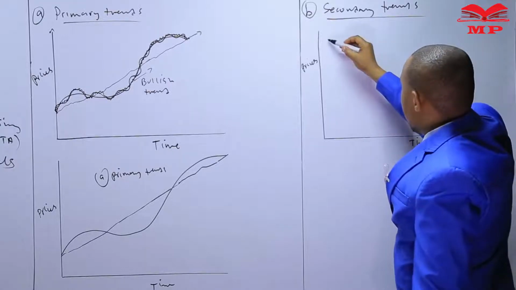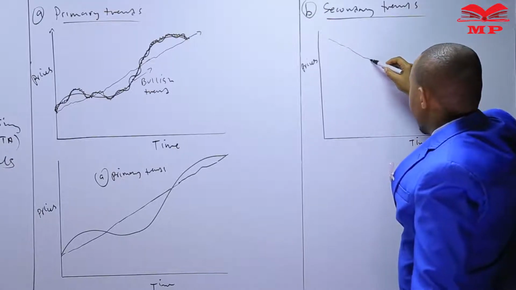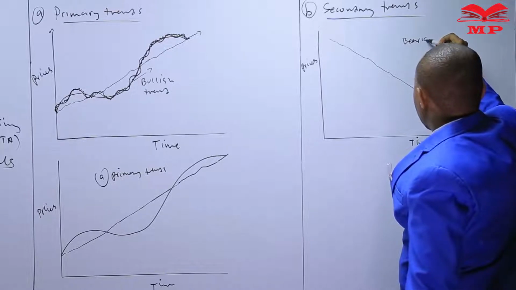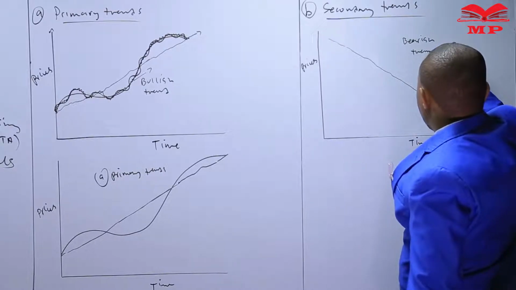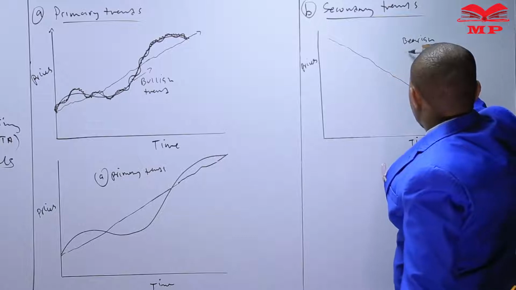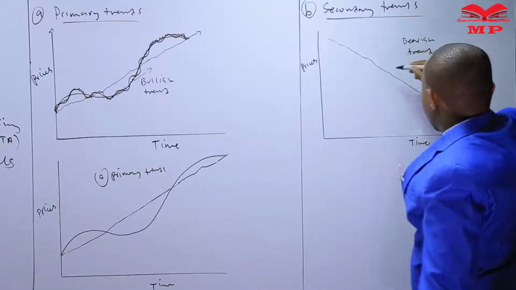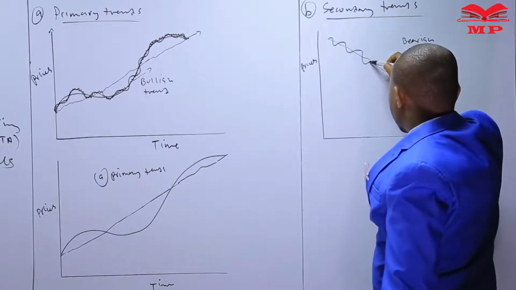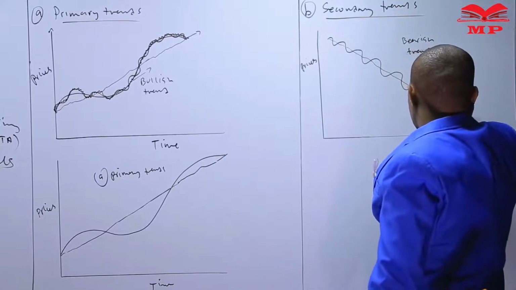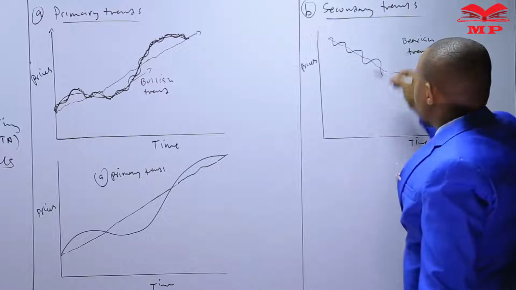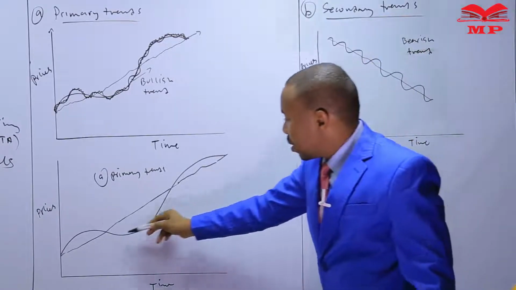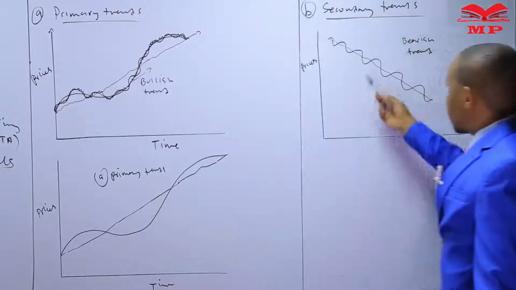So if you have now, we can use a bearish trend like that. We can say they're moving in small waves like that. This is what we're saying is a secondary trend. It's much smaller as compared to this one. You can see this one is much bigger and this one is much smaller.